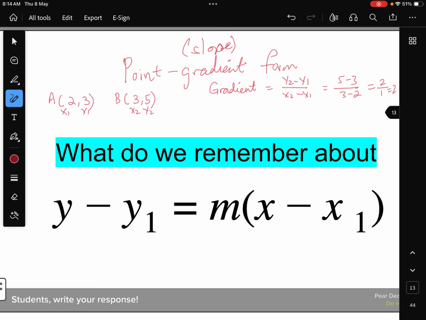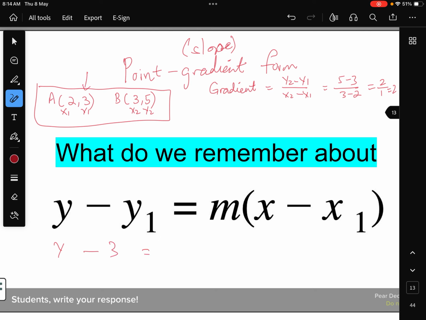Now what this formula does is that you don't need to find the y-intercept. What you could do is just use this formula, which is the point gradient form. I wouldn't call it a formula, it's just a different representation of the line. You just substitute the numbers from these points here. I'm just going to keep y as y. y1 was 3.